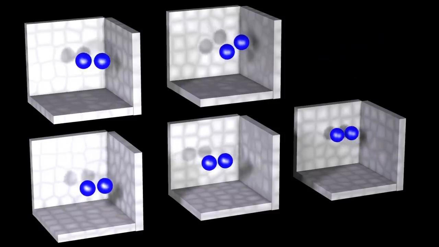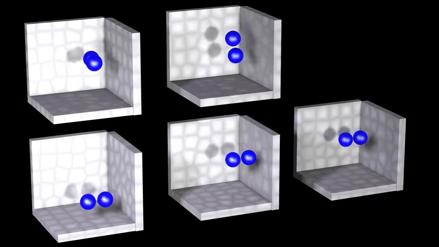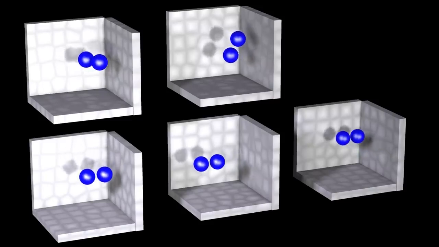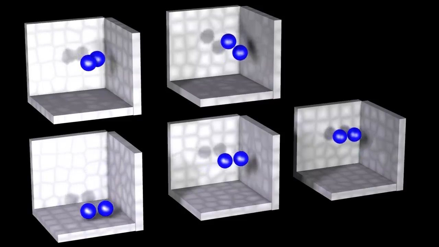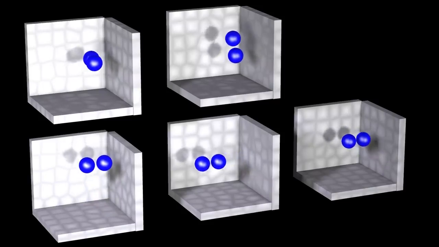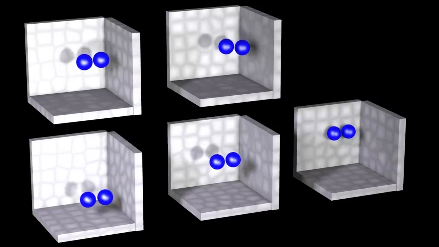Three of these degrees of freedom are the motions in the x, y, and z directions. The remaining 2 degrees of freedom are 2 different types of rotations.